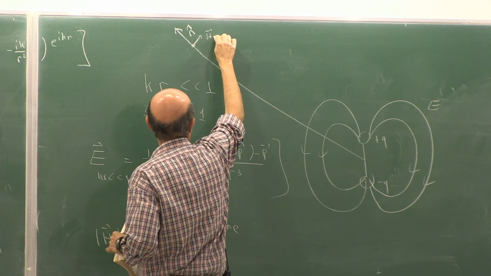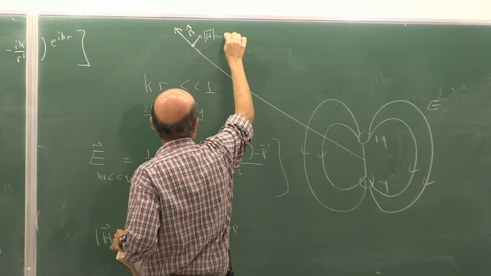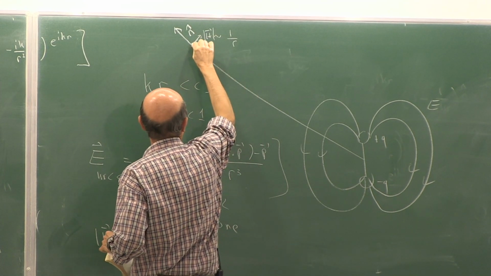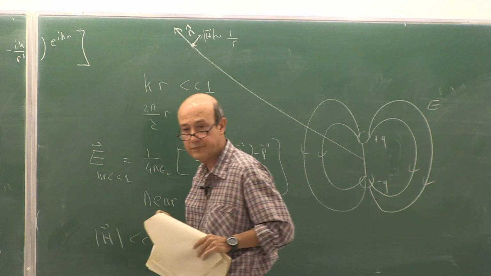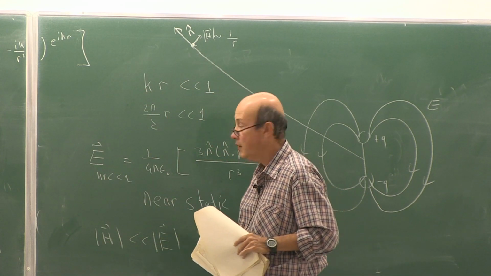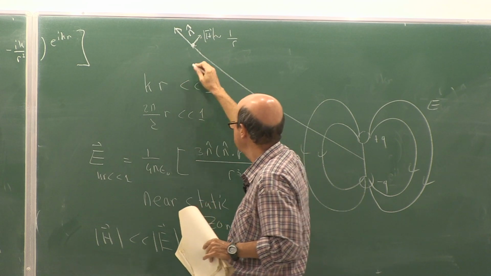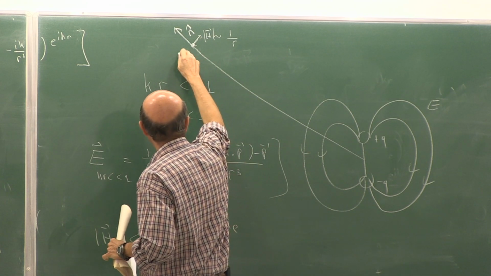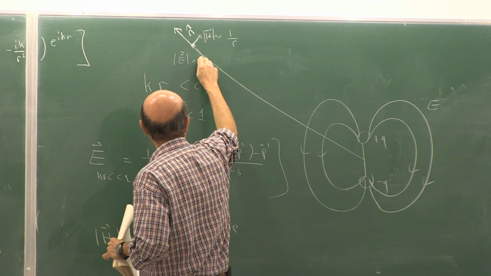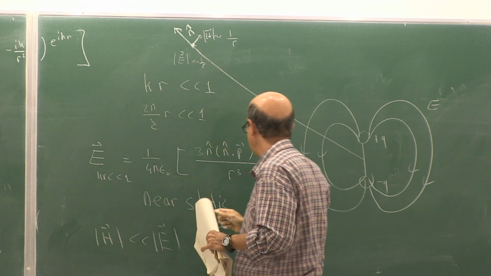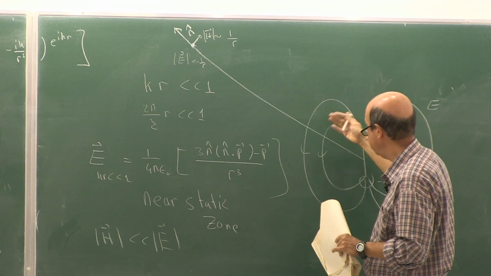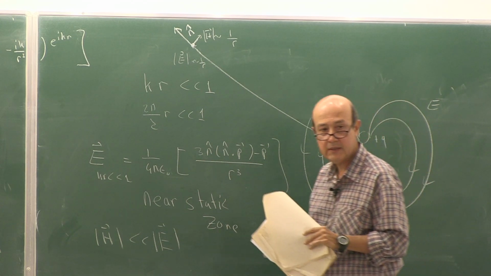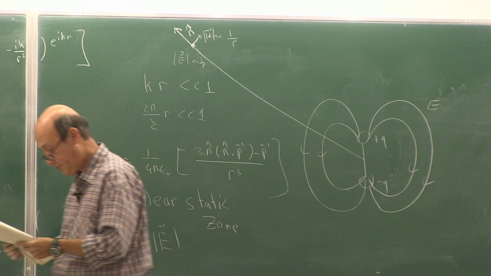And the amplitudes are decreasing as 1 over r. E and H in magnitude go as 1 over r in the far field zone, but when you come closer to the source, E is dominant, and the fields are exactly those of the static electric dipole.